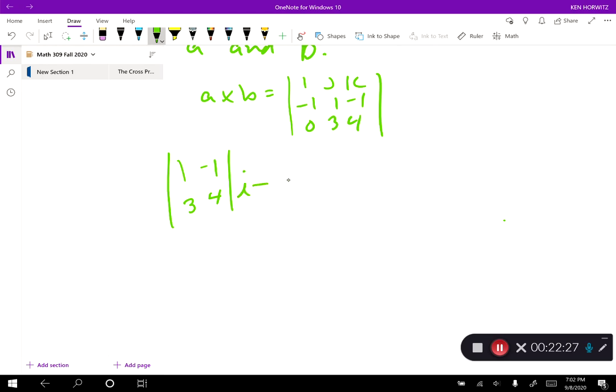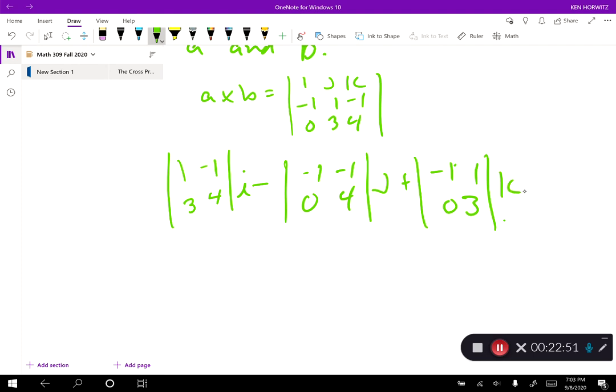So then I put a minus, and I get -1, -1, 0, 4, because I covered up the j column. That's times j. And then I'm going to add, because it was negative, so we change the sign to plus. Cover up the k column, and I get -1, 1, 0, 3 times k. At this point, pause the video, let's do the algebra, and I'll give you the answer on the back end.